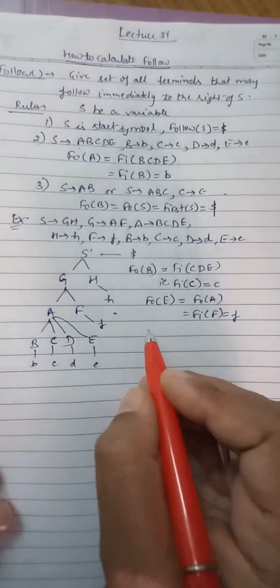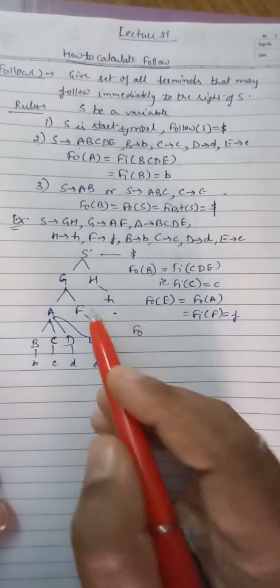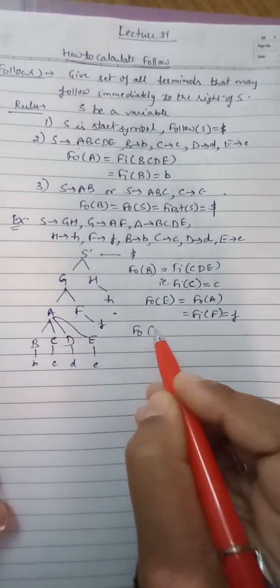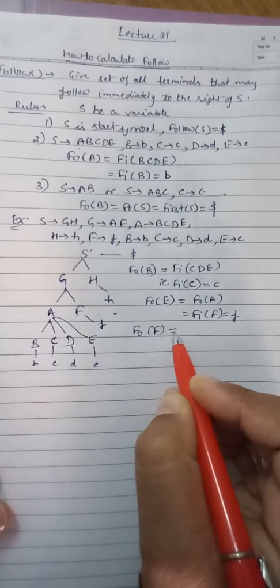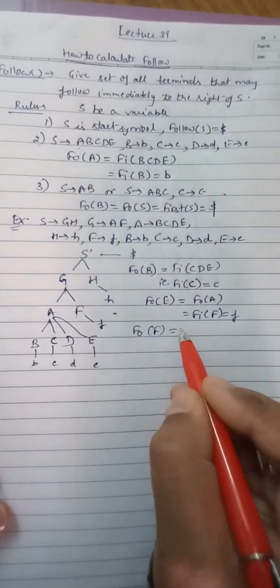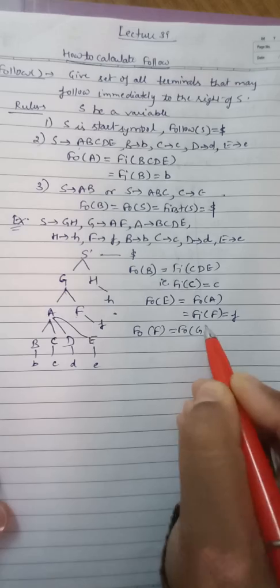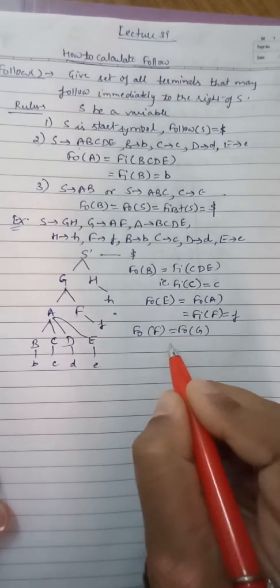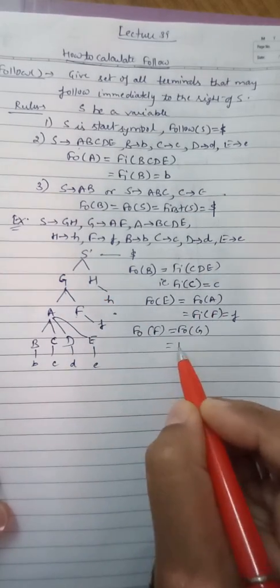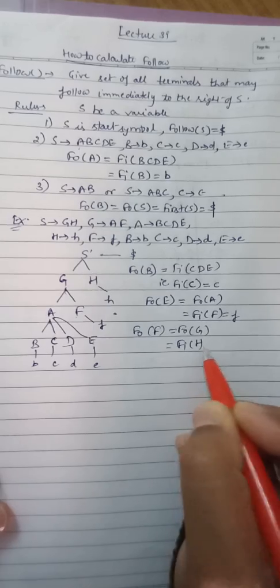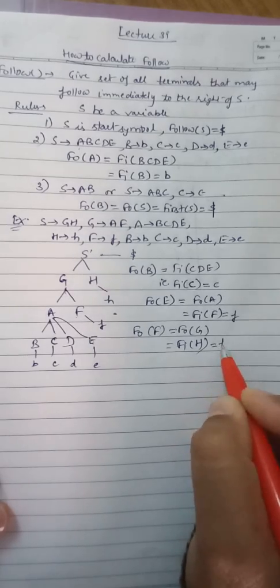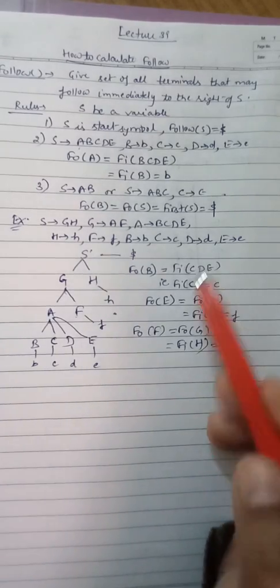So like that. Now suppose we calculate follow of F. It will be follow of G, and that will equal first of H, that is lowercase h. So like that we can calculate.